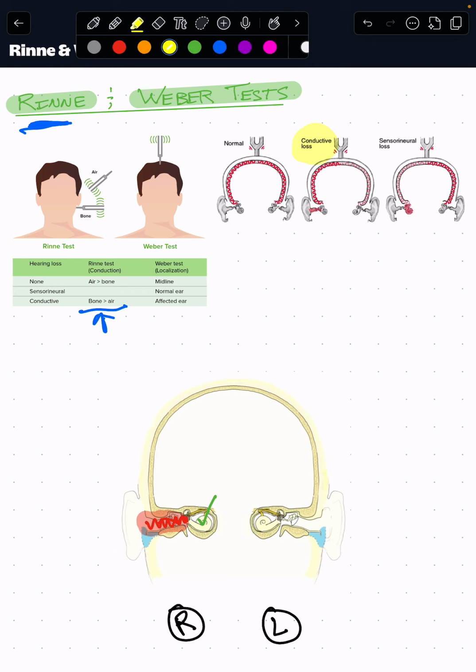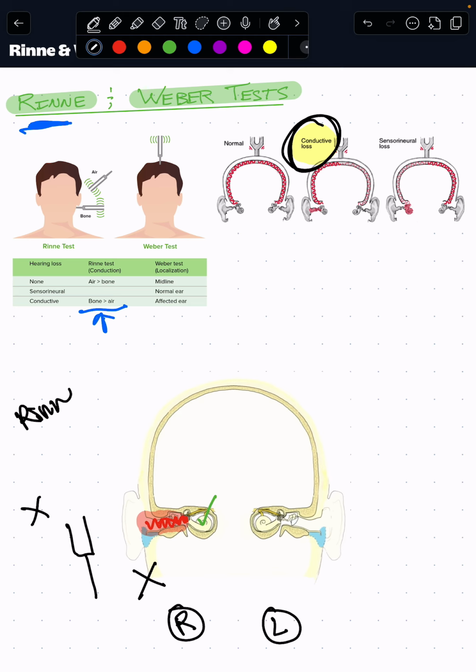But when you remove the tuning fork and you're holding it up in the air, the patient is no longer hearing this. They cannot hear it in the air during conductive loss. So this means that our Rinne test is negative. Okay.